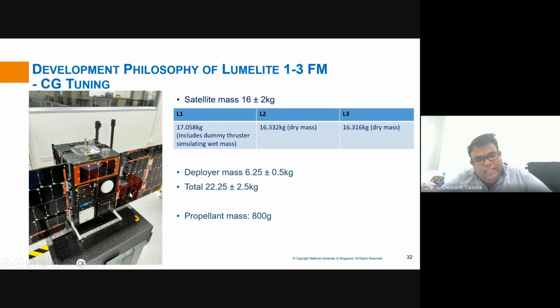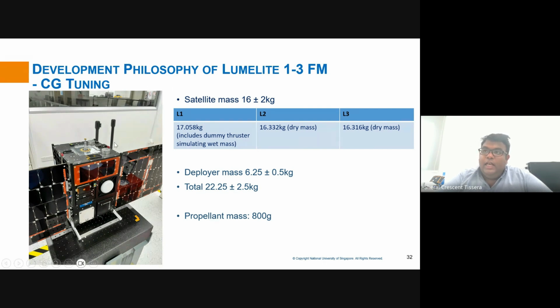You can see that the thruster nozzle is coming out of the satellite, and we have positioned this nozzle at the center of the satellite, aligned with the geometric center of the satellite.